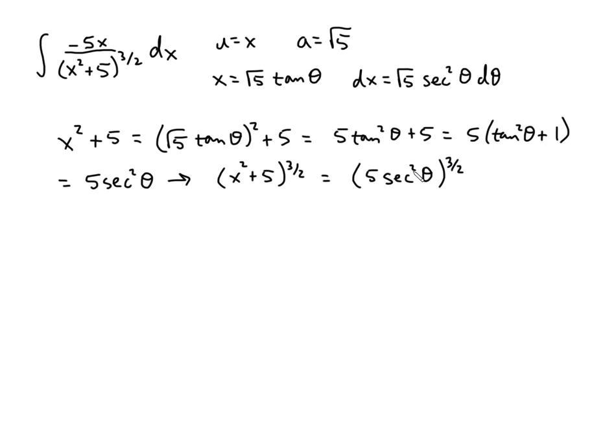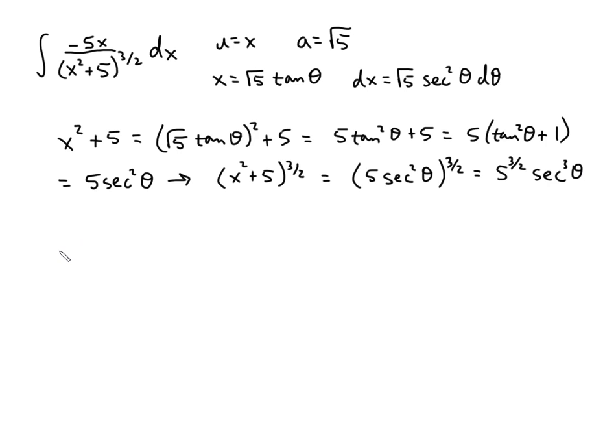And notice what happens here when you raise the power to a 3/2 power. The 2's will cancel and you're just left with 5. That also has to be to the 3/2 power. And again, the 2's cancel, so you're left with secant cubed theta. Alright, so that's what happens to the denominator.